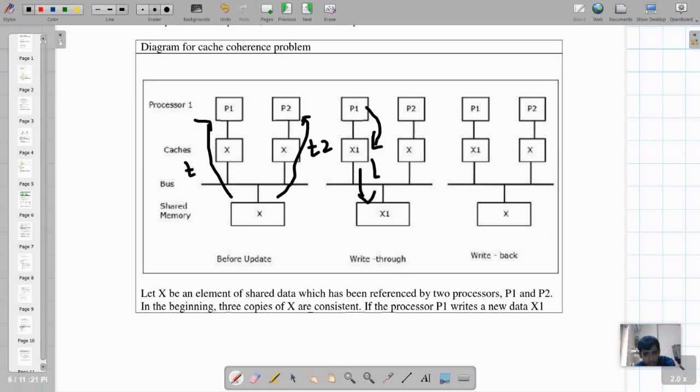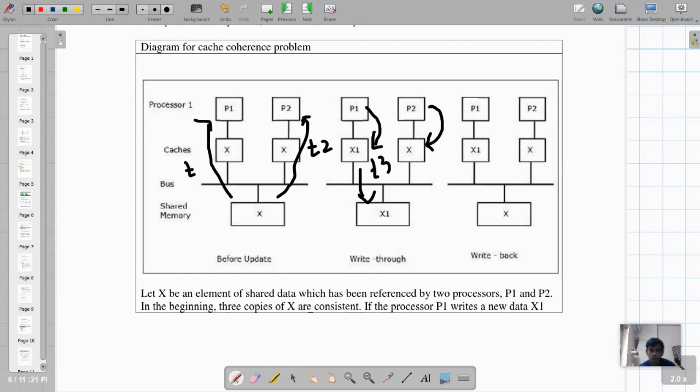And everything happens here in time slot T3. After some time, say at time instance T4, what happens? Processor P2 now again makes a request for the data item X. Now what will happen? This data item will be found into its native cache.